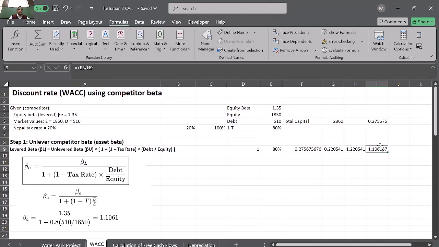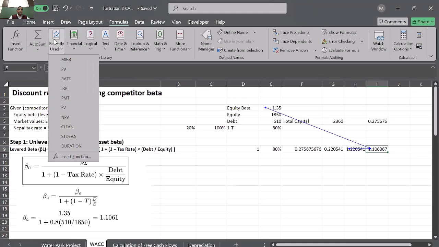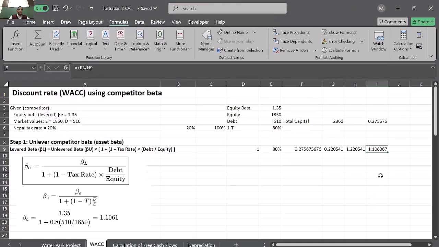And then I did the division, that means the levered beta, which is the equity beta, divided by this number. So I get the beta as 1.106.